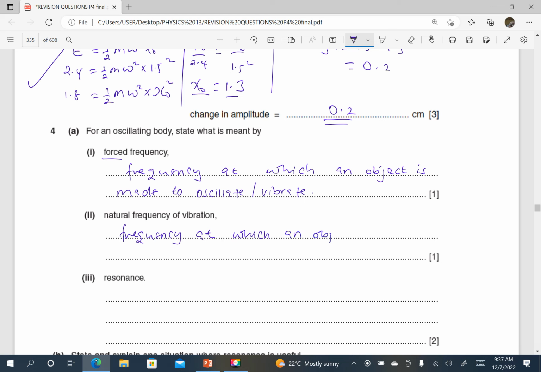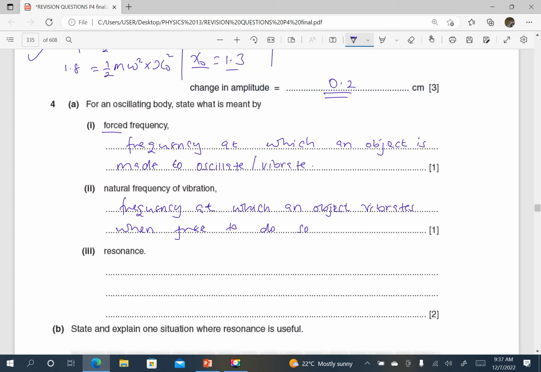There is no other external periodic force acting to cause the body to vibrate. It is vibrating on its own. That is, the frequency with which it vibrates is its natural frequency.